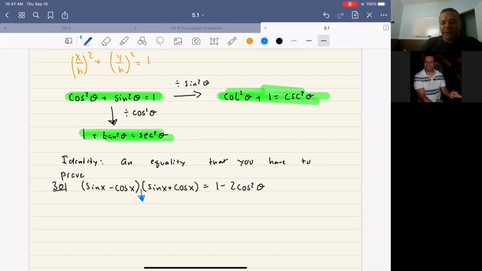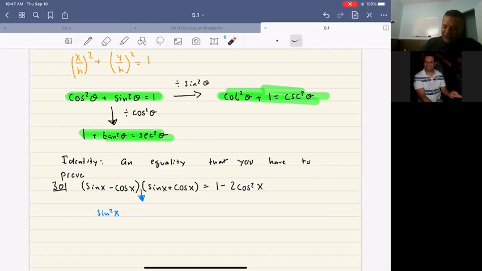So if we multiply this out, that's going to give us sine squared of x. Oh, I should have the same variable, so this is actually an x there. Sorry about that. So back to this. So here we're going to have sine squared of x.